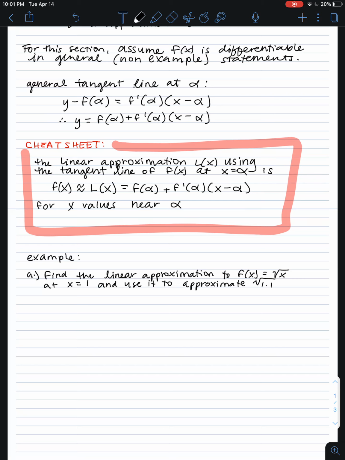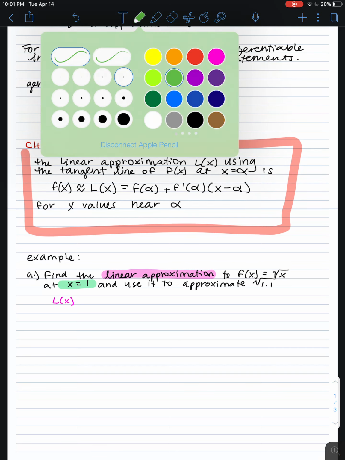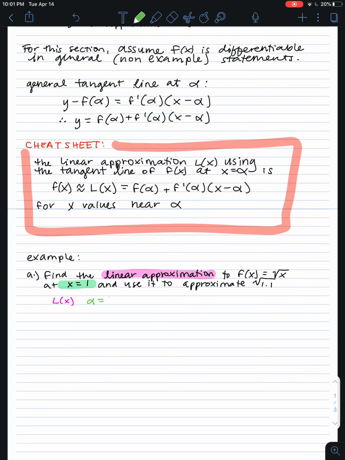Okay, so just to point out what we're talking about in terms of notation here, we're finding the linear approximation, so that's going to be using our formula up here. So linear approximation is just L of x, and then at x equals 1 means we're going to be setting alpha to 1.